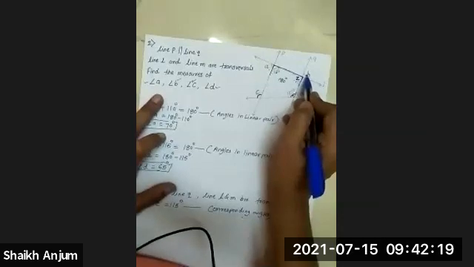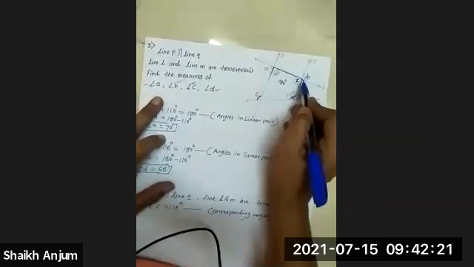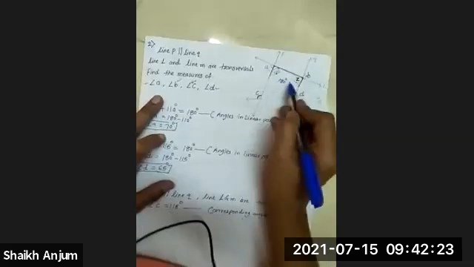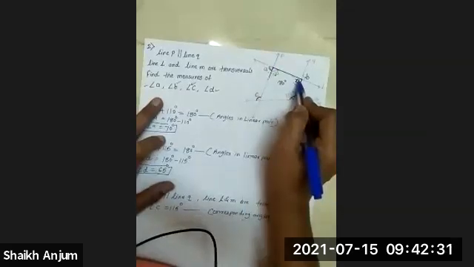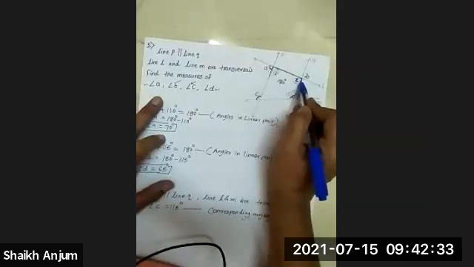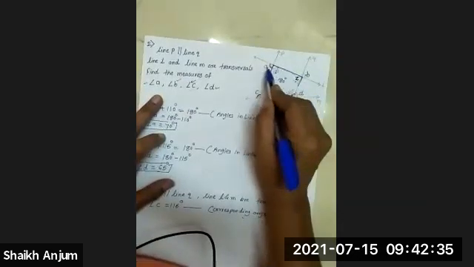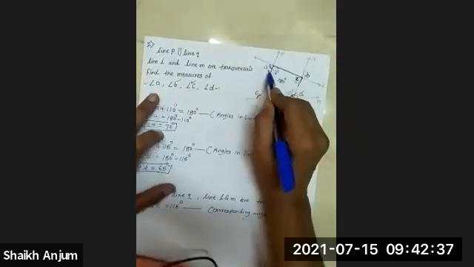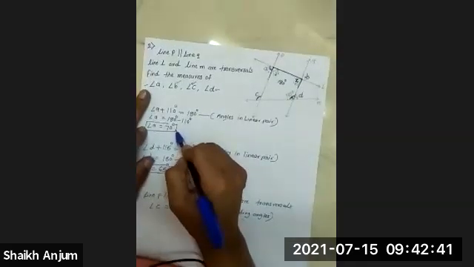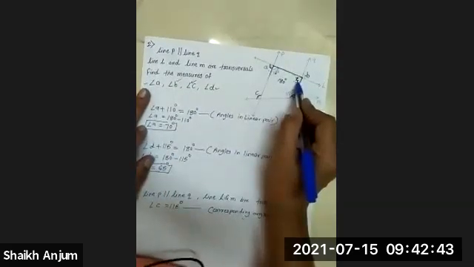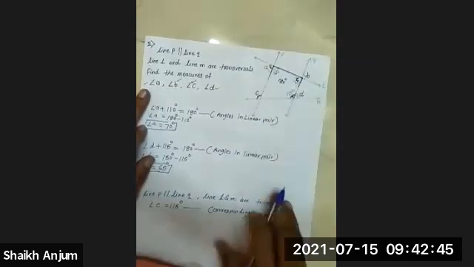You can use this property, or you can also use angle A and angle Z. These are a corresponding pair of angles. The measurement of angle A is 70, so the measurement of angle Z will also be 70.